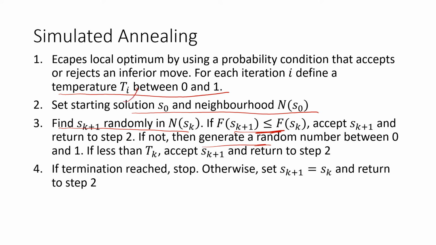This temperature, if you keep it high, it means you're going to jump around an awful lot. If you make it low, it means you're only going to jump around locally. So when you're doing simulated annealing, you tend to start out with a high temperature, which lets you jump to a bunch of different places.